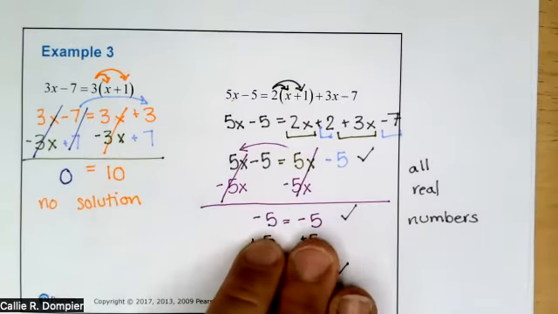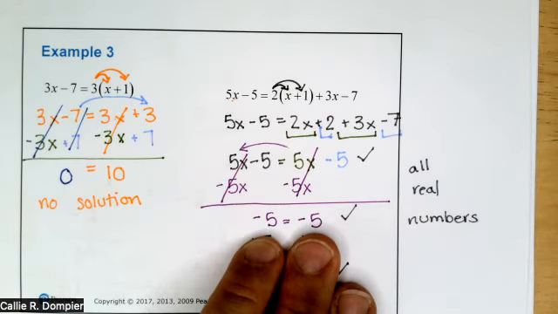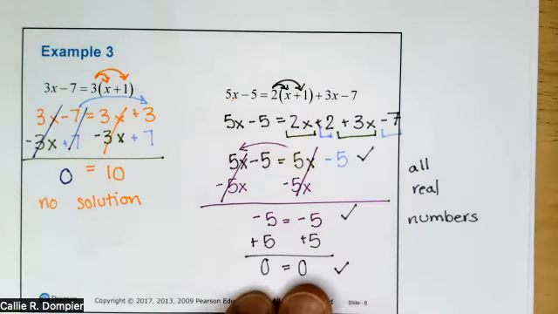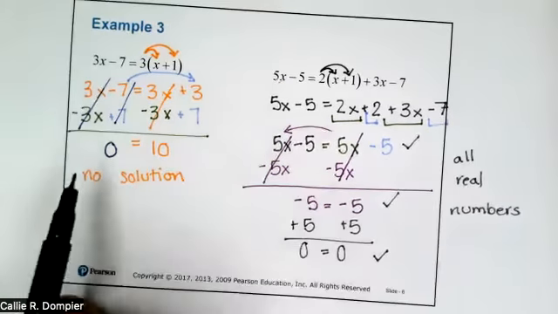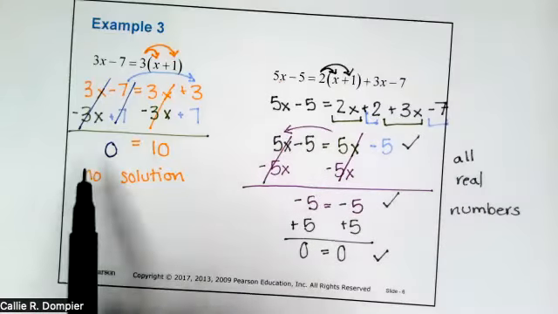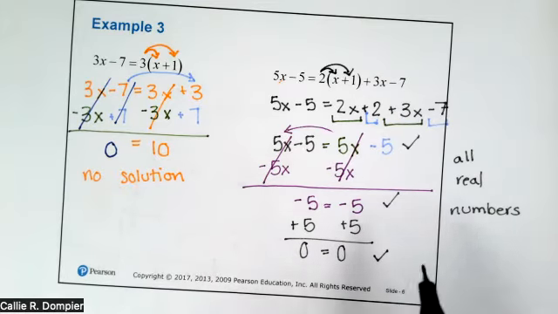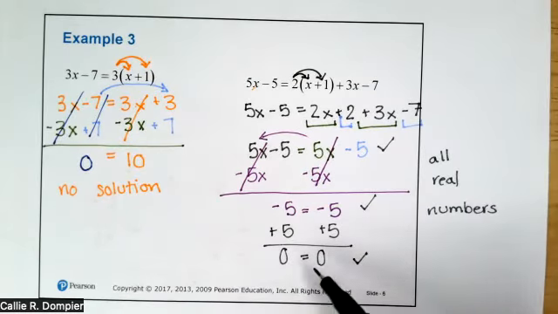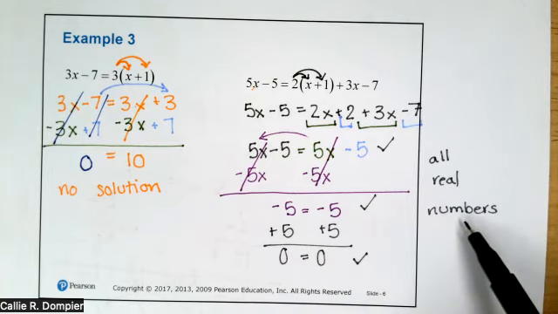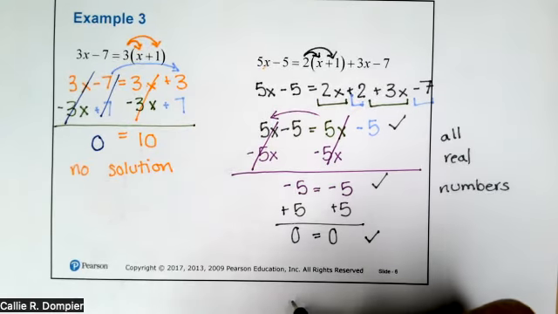No matter what I put in for x, negative 5 will always be negative 5. No matter what I put in for x, 0 will always be 0. Just because you get a 0 doesn't make it clear which one it is, right? If this side has a 0, but this side is not 0, it's no solution. If this side is 0 and this side is 0, it's all real numbers, but it might just be negative 5 equals negative 5.